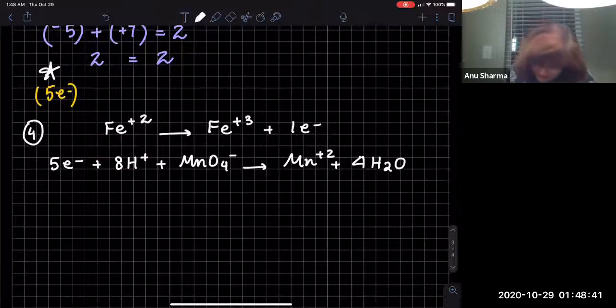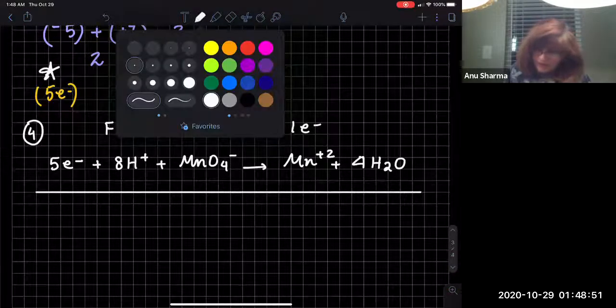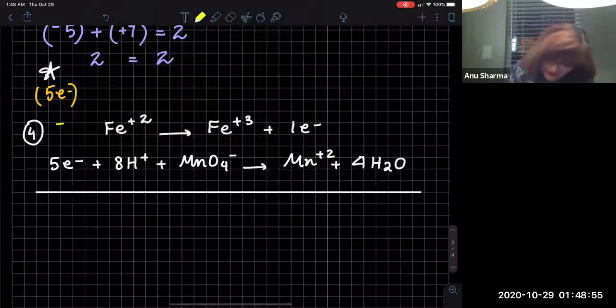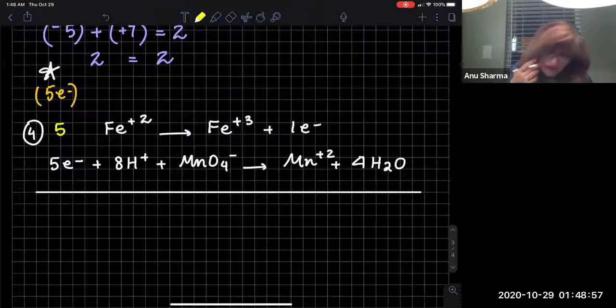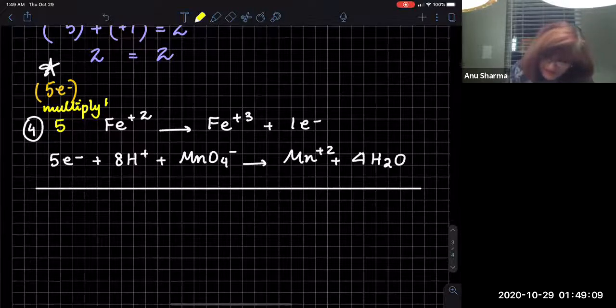So it's very clear that in this case the electrons are not balanced. So how do we balance the electrons? You are now going to multiply the whole thing by 5.